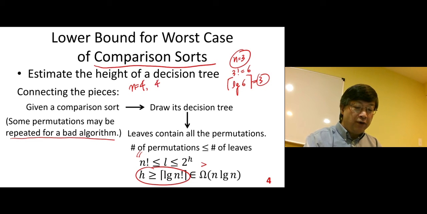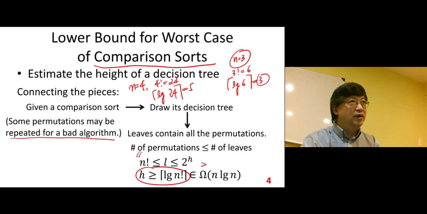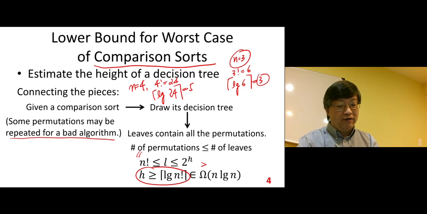What is 4 factorial? 24, right? The ceiling of log base 2 of 24 is 5, because of 32. That tells us to sort a 4-element array, the best you can do for the worst case is 5 comparisons. You cannot use 4 comparisons to solve an arbitrary 4-element array.